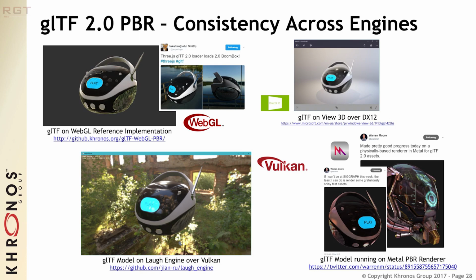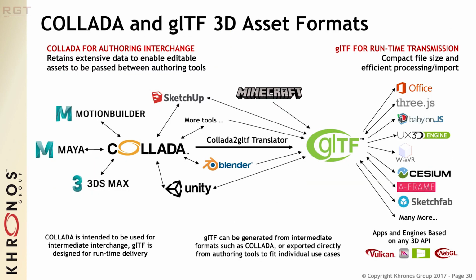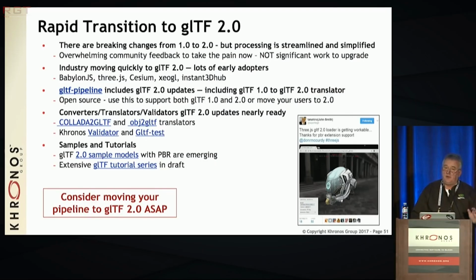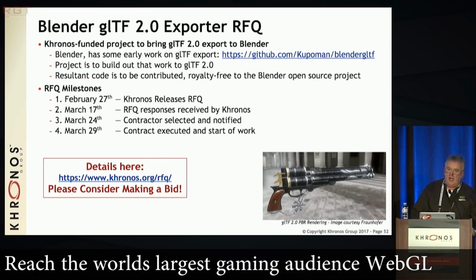Some of the history: GLTF 1.0 was originally designed for WebGL, because WebGL by definition has to bring its assets across a network, the interwebs. So there was a clear problem to be solved there, and that's where GLTF started. But now we have a lot of native applications wanting to use GLTF as a format to import and export 3D assets. And for those using DirectX or Metal, they have no clue what to do with a GLSL shader, which is the way we defined materials in GLTF 1.